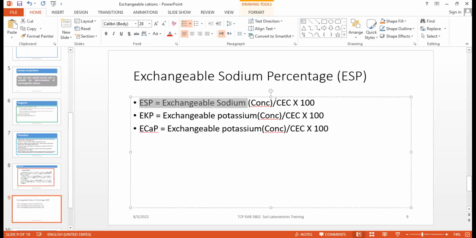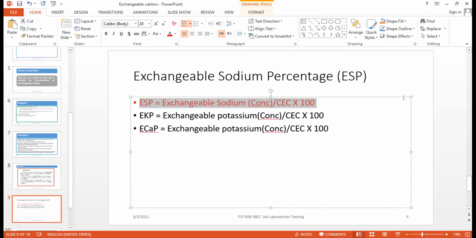But the most important and traditionally used is the exchangeable sodium, because it is used to determine whether the soil is sodic or not. Normally, soil with exchangeable sodium percent more than 13 is considered to be sodic.